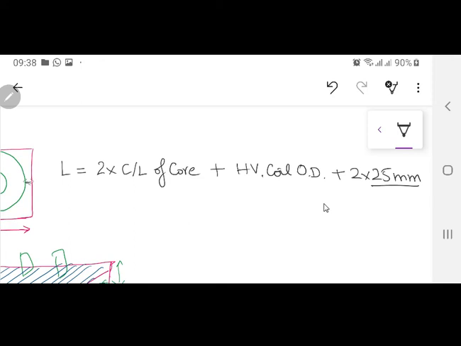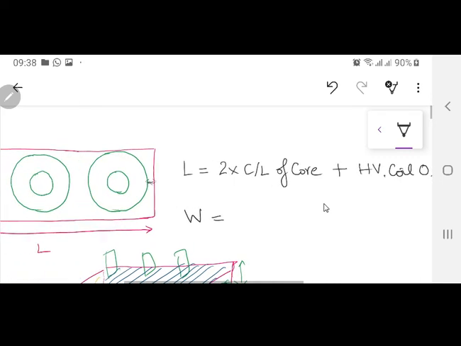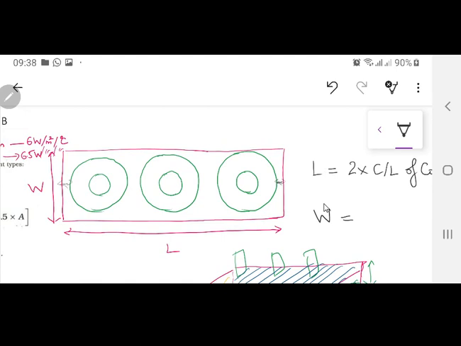These clearance distances are given in this chapter of this book. There are certain clearances for the height and width given in this book. You can go through this book. Now this is the length. If I am interested in the breadth or the width, what will W be equal to? If this was the diameter of the high voltage coil, certainly it's also going to be on the other side.